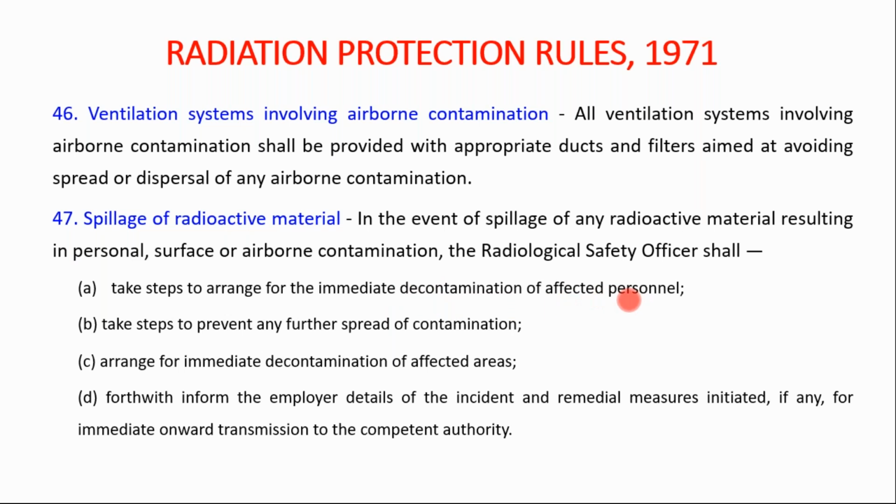If the spillage of this radioactive material has affected that person, then immediate decontamination should be done by the officer. Take steps to prevent any further spread of contamination. So if the contamination has occurred, after that we have to prevent its spreading. Then arrange for the immediate decontamination of affected areas.